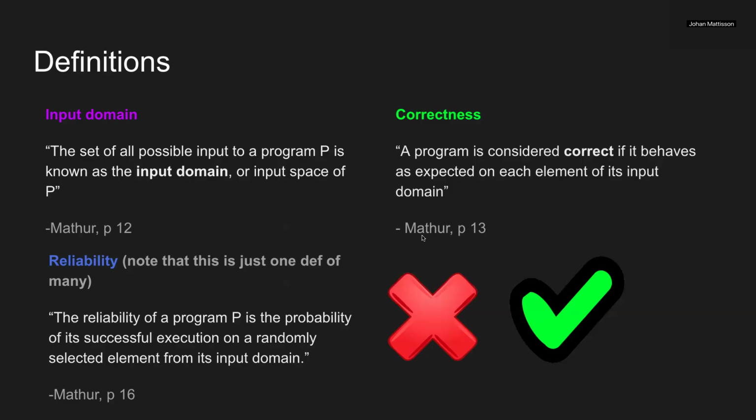Correctness: a program is considered correct if it behaves as expected on each element of its input domain. So in order for a program to be correct, for the add function, we need to run every integer combination available. That's kind of impossible to do, right? Just for the add function.